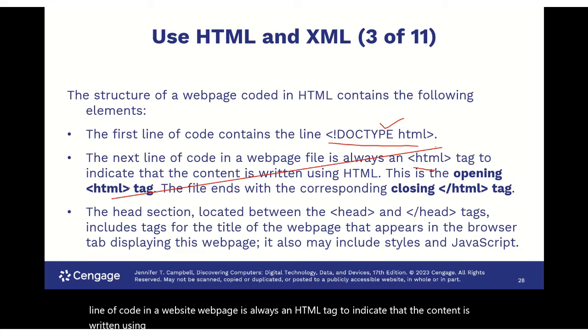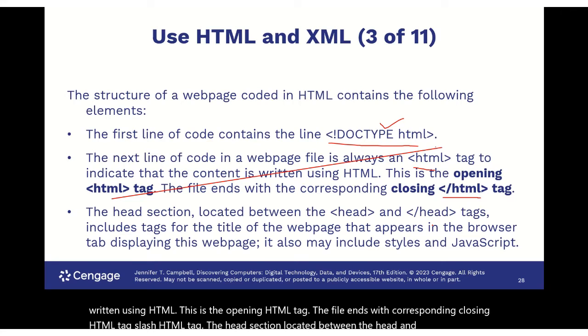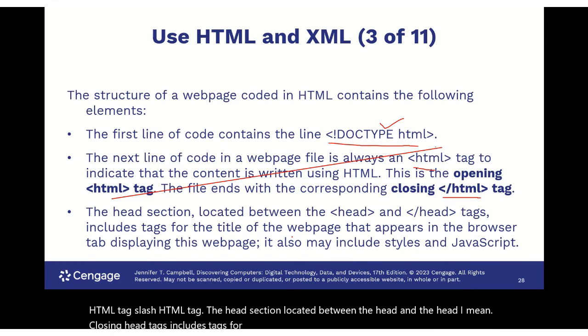This is the opening HTML tag. The file ends with the corresponding closing HTML tag, slash HTML. The head section, located between the opening head and closing head tags, includes tags for the title of the web page that appears in the browser tab displaying this web page.